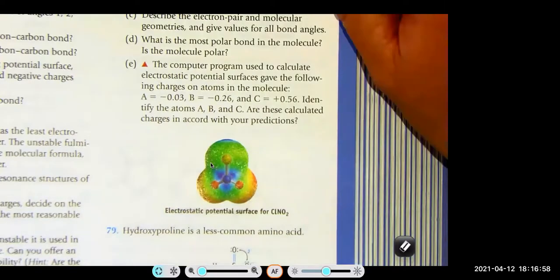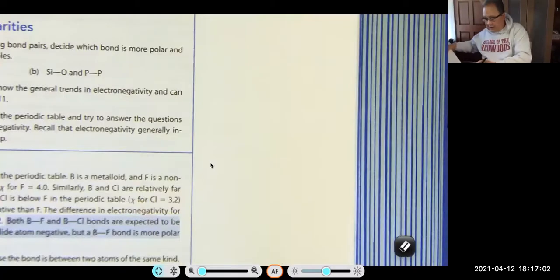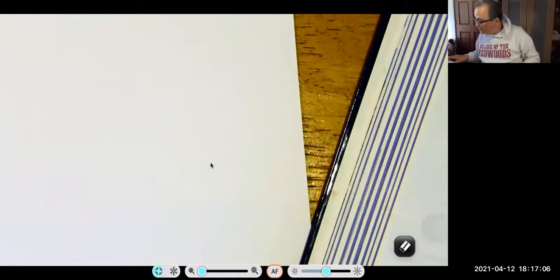Okay, so let's go ahead and first get the Lewis structure. So this is number 78, and I need to zoom out a little.